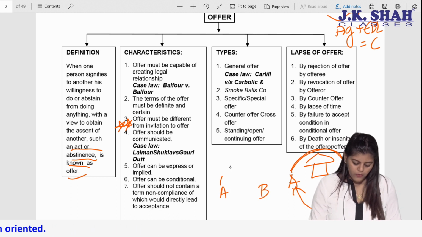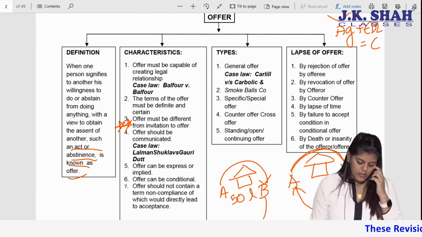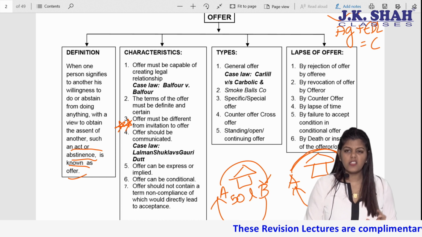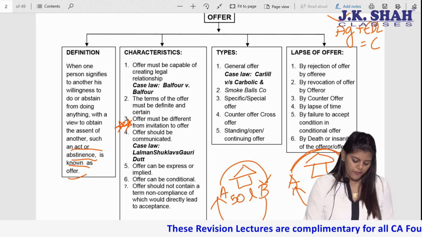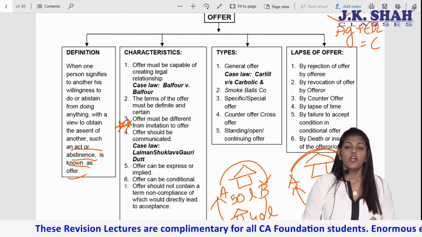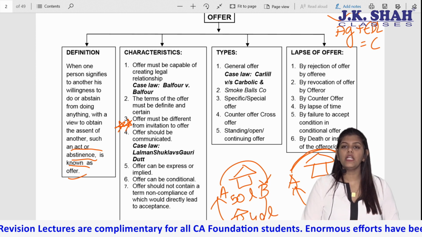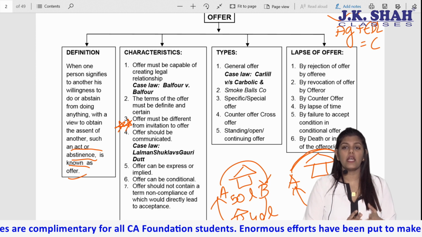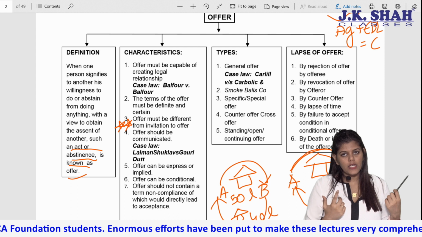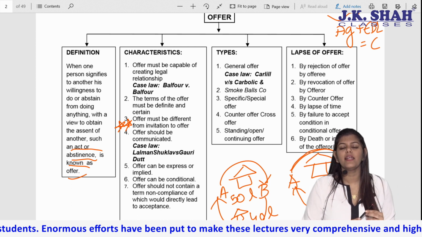A offered his house to B for 50 lakhs. B is like, I'm fine with this, but then it's a little too much. So therefore, he says, I will buy it, yes, but for 40 lakhs. So when A offered his house for 50 lakhs, he was expecting B will say yes or no. But he did something else which we specialize in, that is bargaining.